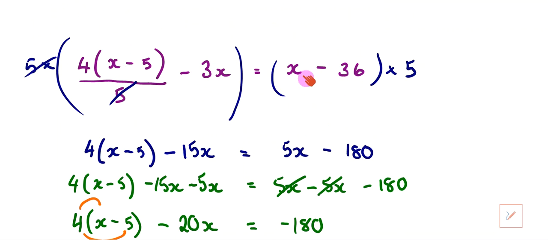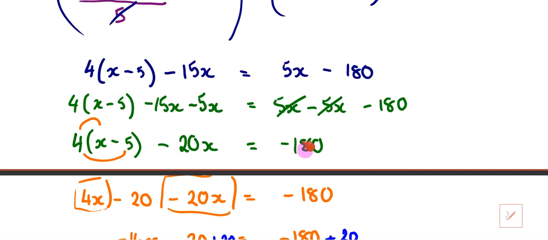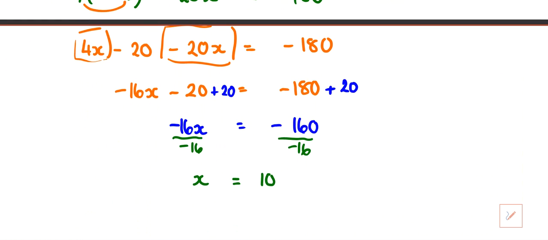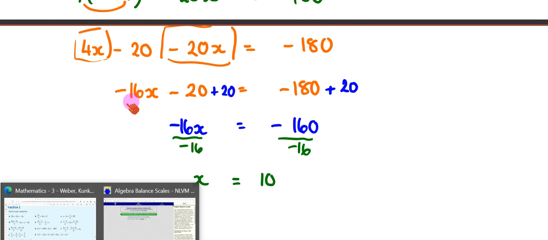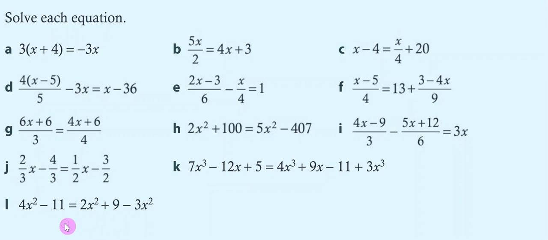That would have been 4x, which is what we ended up with anyway. We ended up with the same answer either way. Okay. Right. Back to you. X does equal 10.